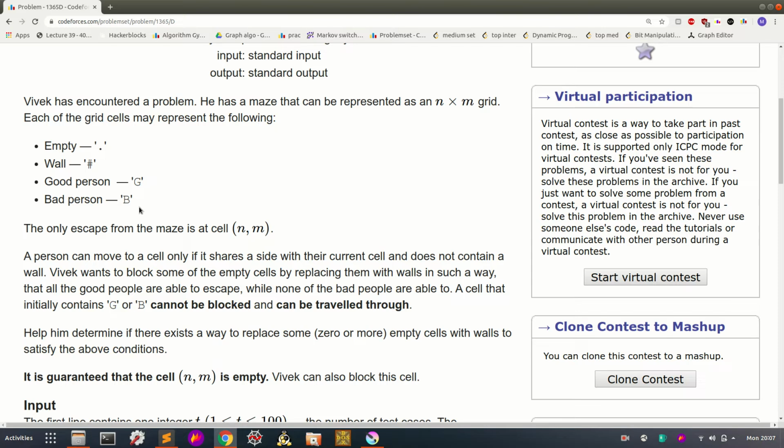So we have to basically place obstacles in the maze so that this condition is met. There's also a condition mentioned that a cell that initially contains a G or a B cannot be blocked, and it can be traveled through.